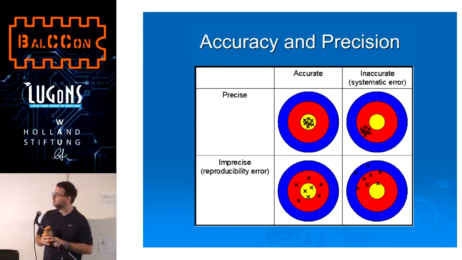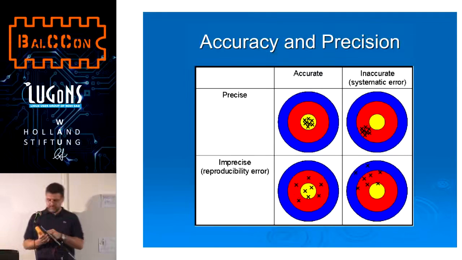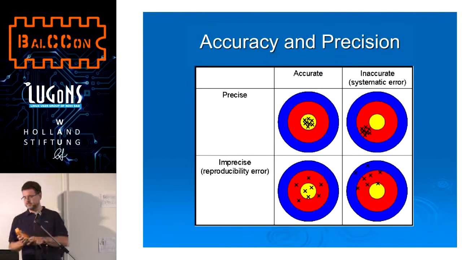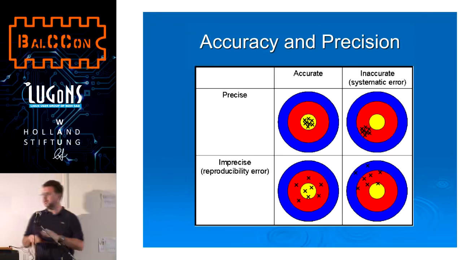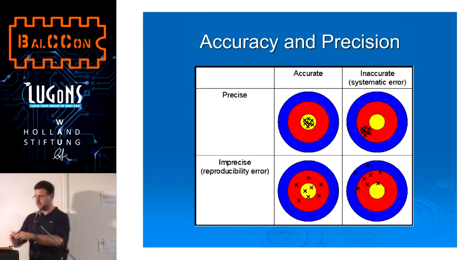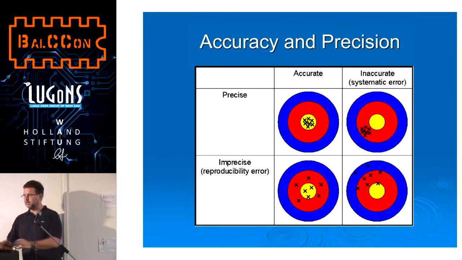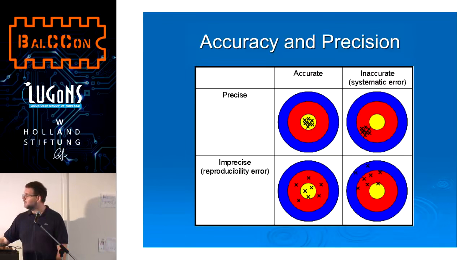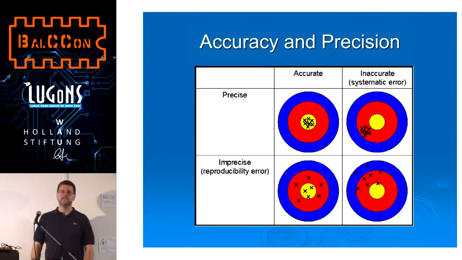A few things about accuracy and precision. Most people think that accuracy is the same thing as precision, but no. If you're measuring something accurately and precisely, it means you're hitting just the bullseye. Something can be very precise but inaccurate.